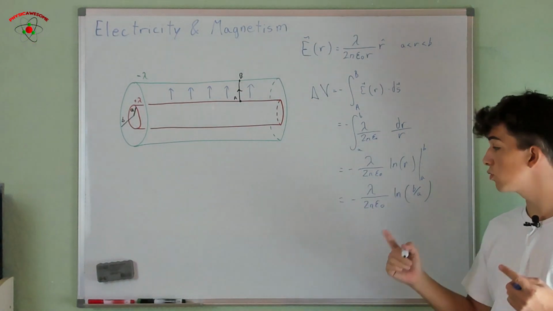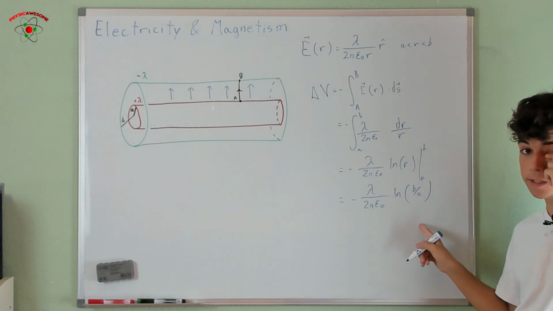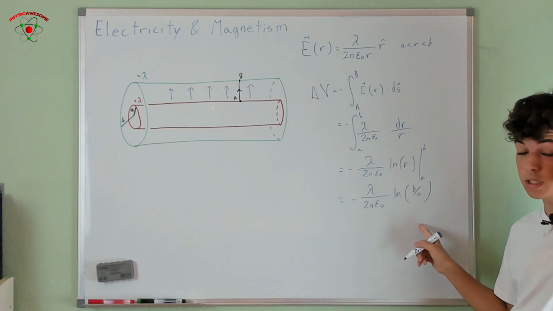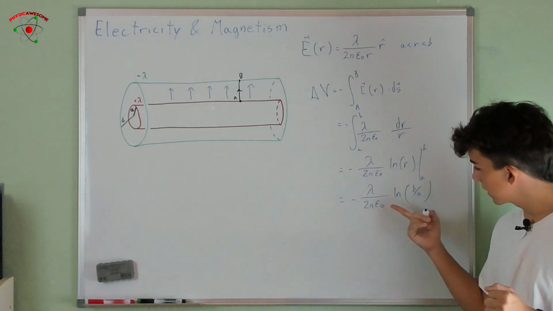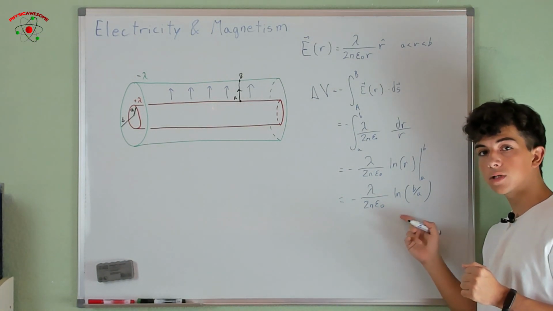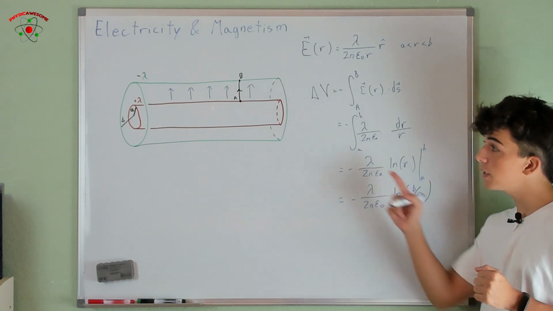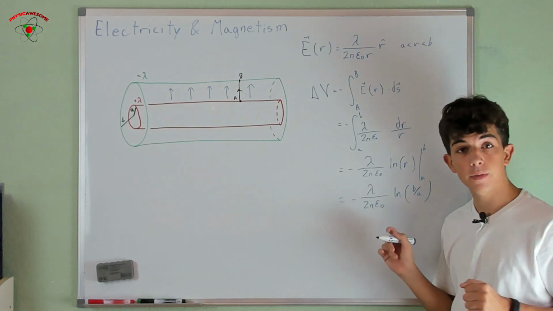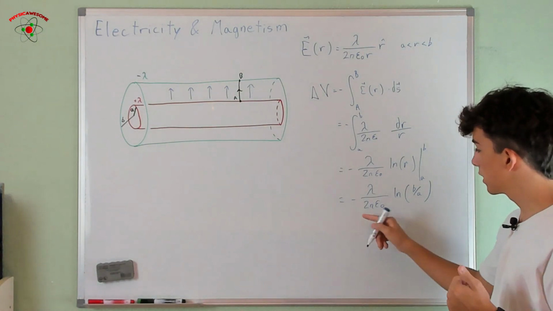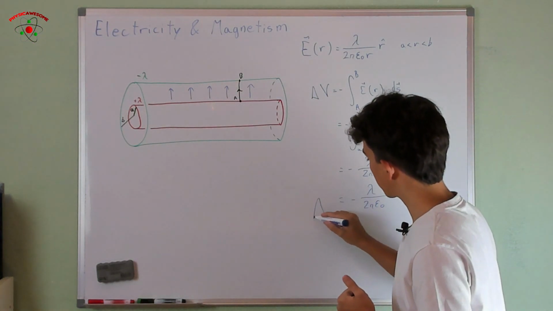And what we're going to do now is to get this negative sign into this quantity. And if you realize, this now is a positive quantity because B is bigger than A. Therefore, we will leave it in this form because it's more apparent that the change is going to be a negative change.